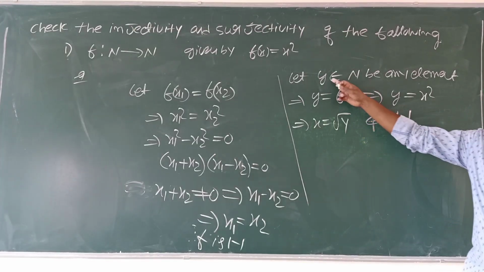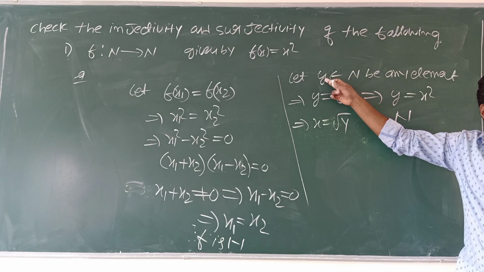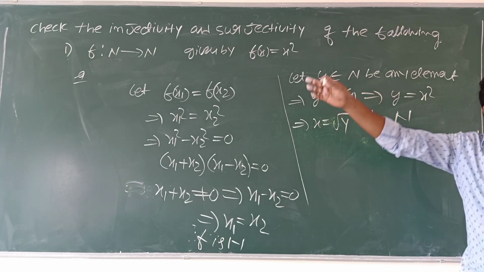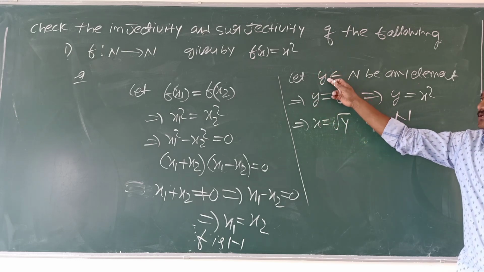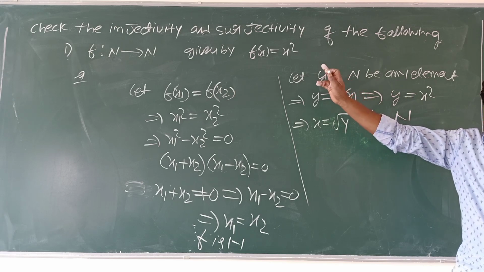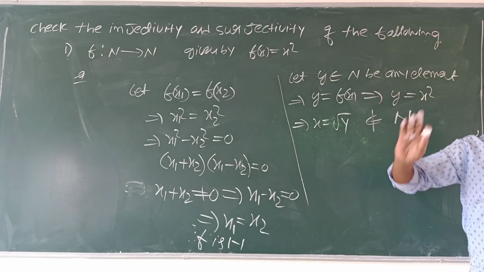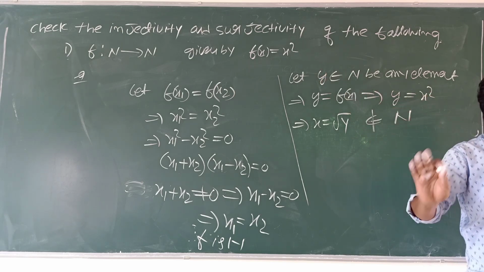That means the second set element y is not related to a first set element. That means not all the elements of the second set are related. Therefore, it is not onto.